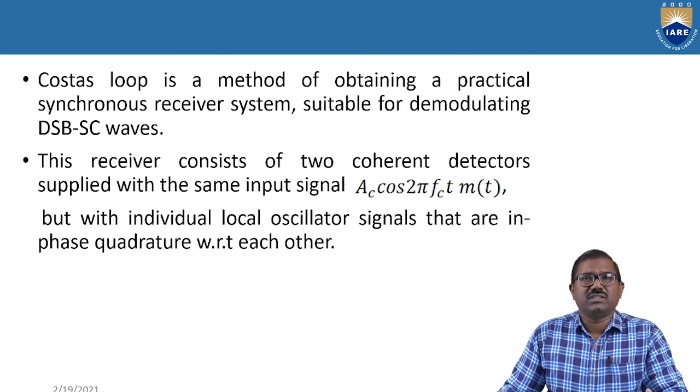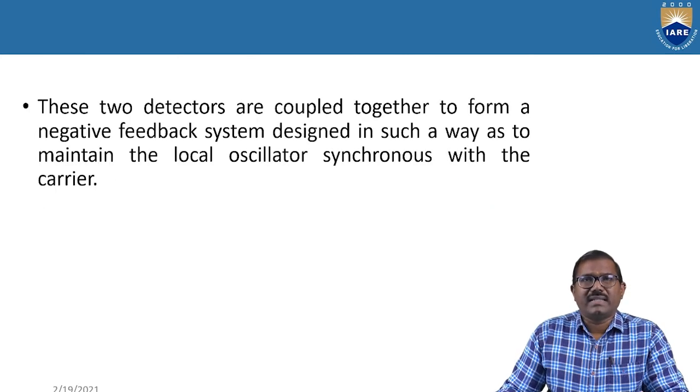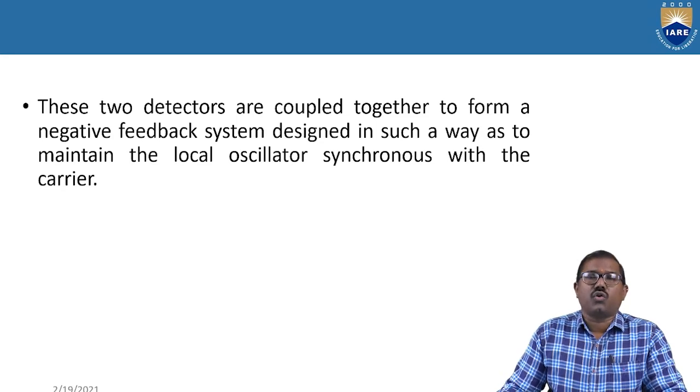This is a description of that block diagram. These two detectors are coupled together to form a negative feedback system designed to maintain the local oscillator synchronous with the carrier.